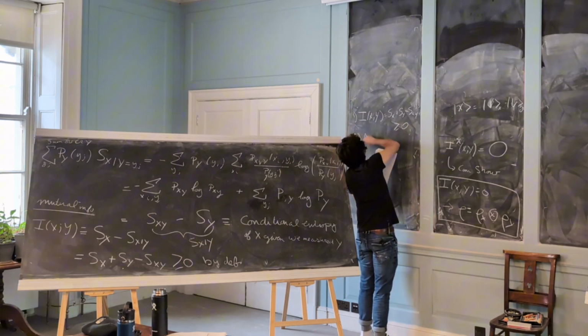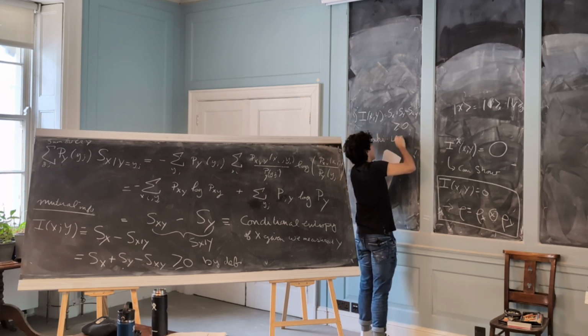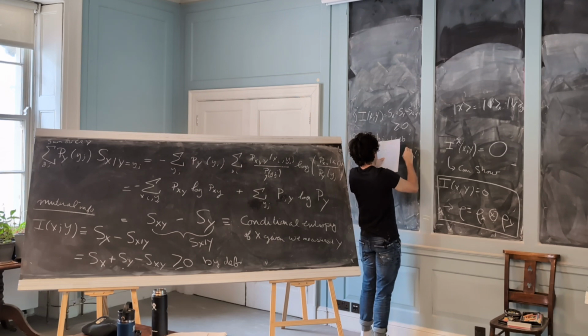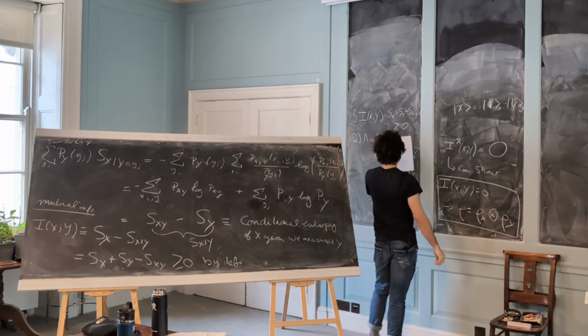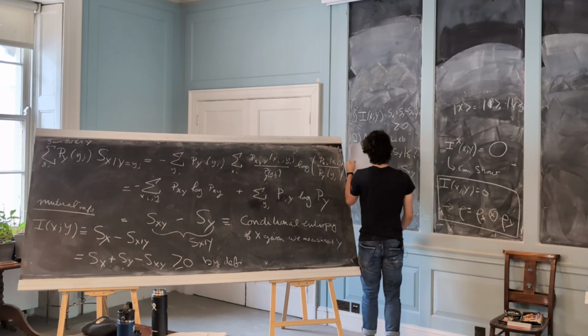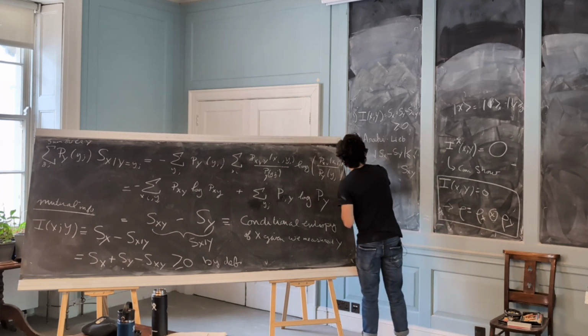Two is something called the Araki-Lieb inequality. And that says that Sx minus Sy, absolute value, has to be less than or equal to Sxy. And finally, there is another one that's proven. It's called strong subadditivity.